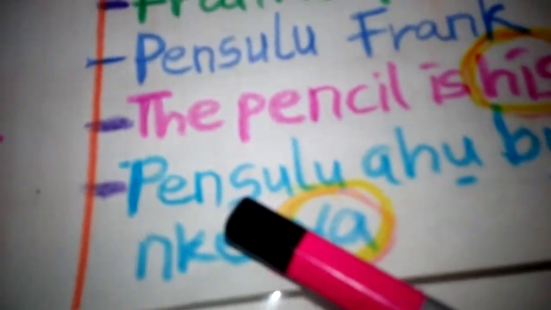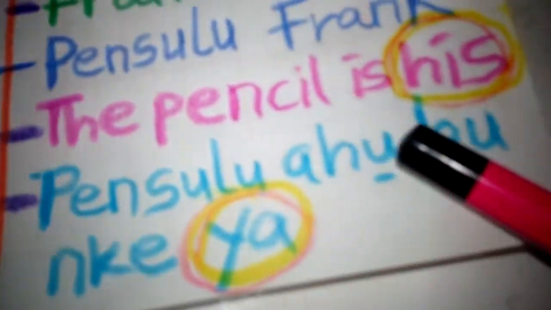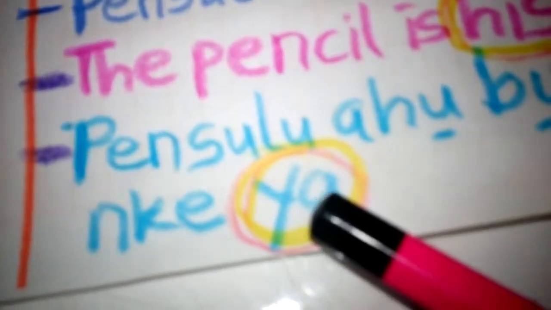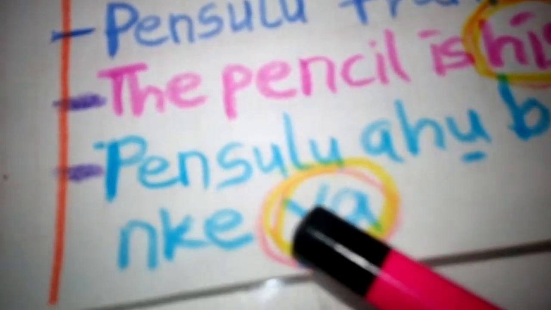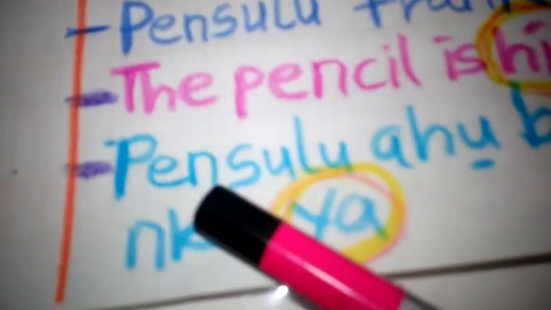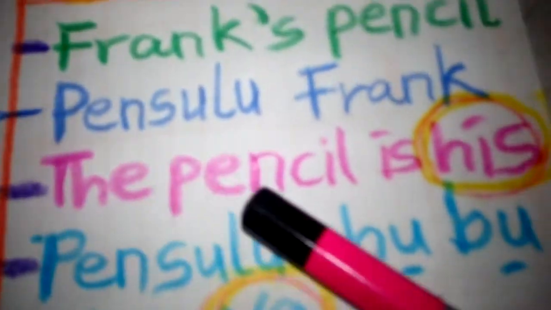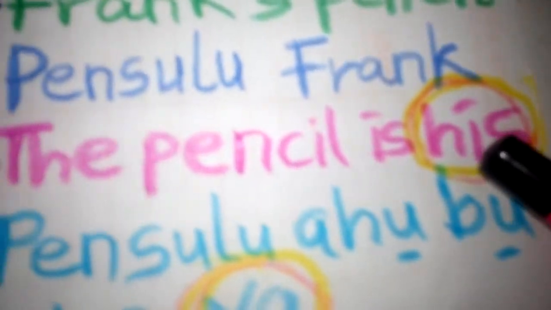Okay. Pencil ahụ bụ nke Frank. You see, pencil ahụ bụ nke Frank. So now we say pencil ahụ bụ nke ya. The pencil is his.